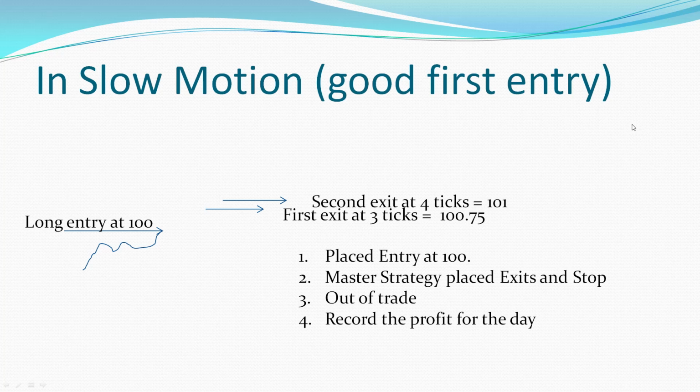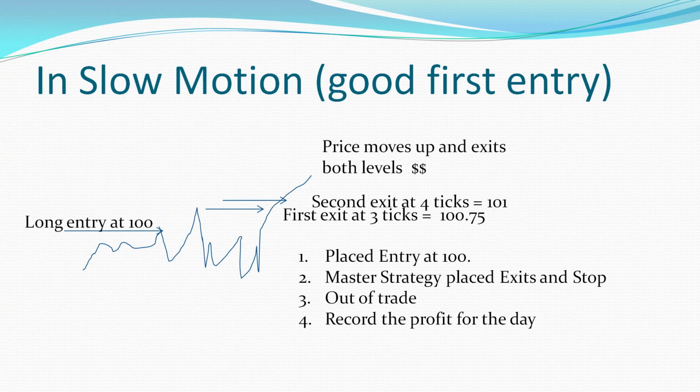So the master strategy is placed. It placed the stops as well. The stops would be down, like off the screen, but the master strategy would place your stops as well, right? So after that, price may wiggle around. It may pull back a little bit, but not so much that we would need or want to add to the trade. And it comes up and gets us out of the trade here, right?